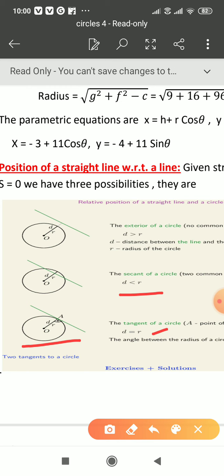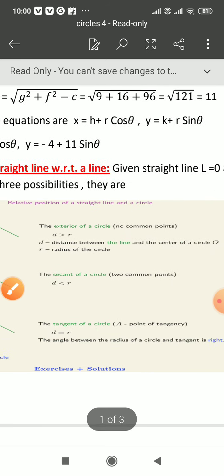So this line is said to be a tangent to the circle. When a line is a tangent, from this diagram, the distance from the center to the line, that is d, is equal to the radius. Then we say that the line is a tangent to the circle. Very important concept in our intermediate.